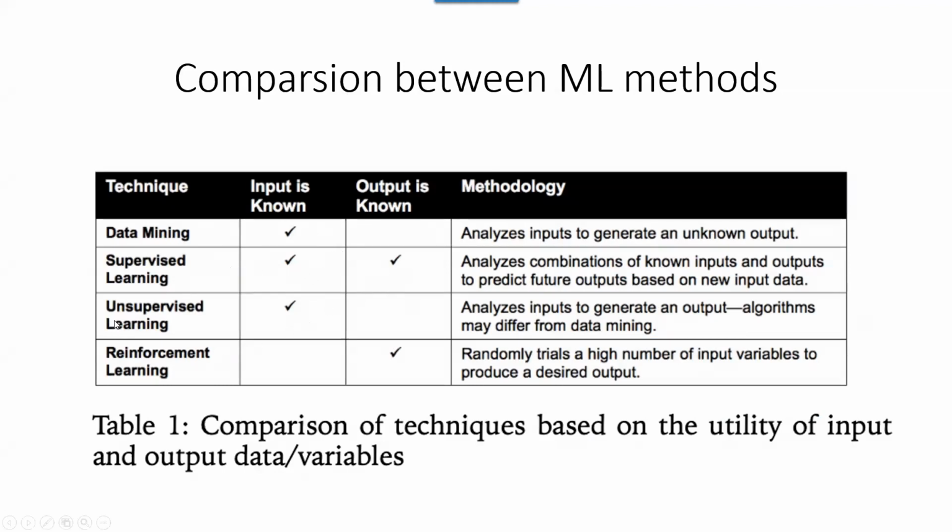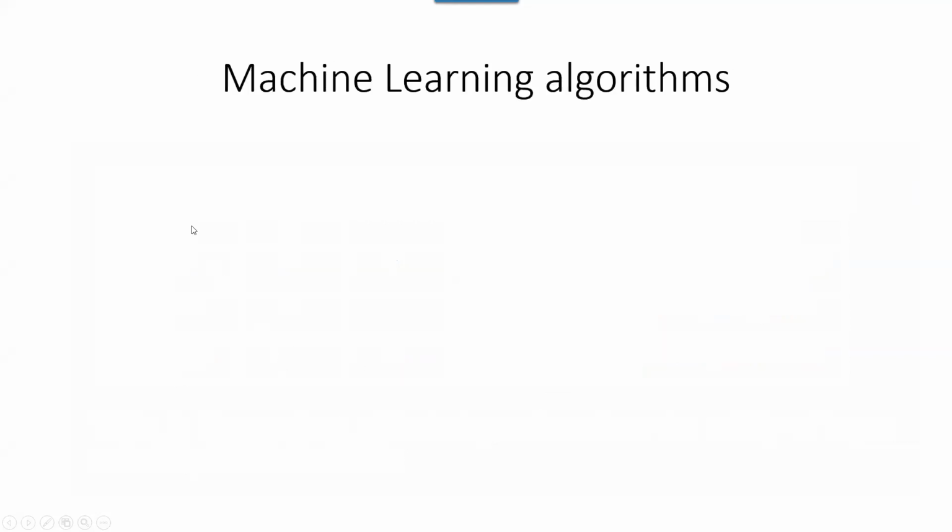In unsupervised learning, like clustering, we know the input, but we don't know the output. In reinforcement learning, we know the output, but we need some algorithm to predict the input.